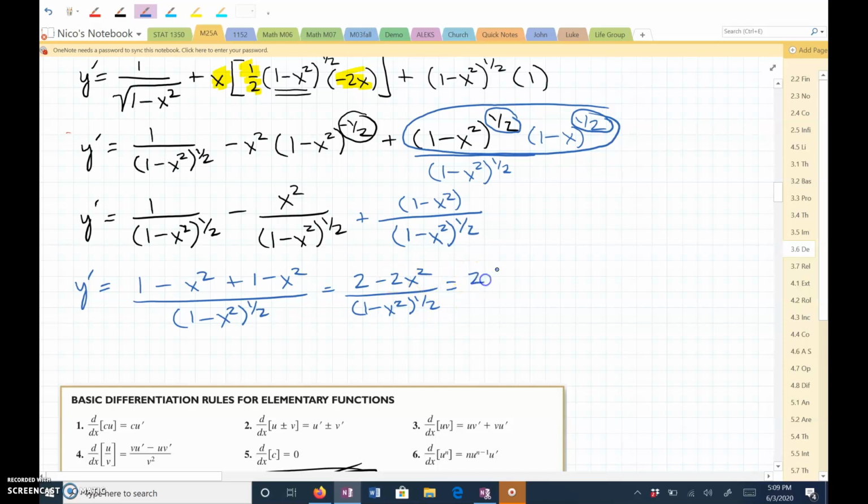Then you could factor out a 2 and have 1 minus x squared all over 1 minus x squared to the 1/2. Now look, you have like bases. When you divide like bases, you subtract the exponent, so this would be 2 times 1 minus x squared to the 1/2 power.